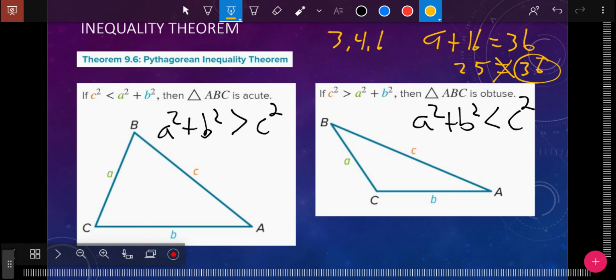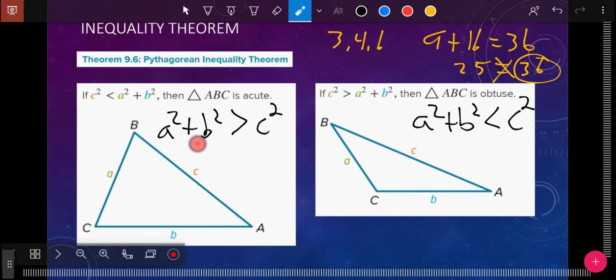C squared is bigger. Down here, I still like to think it through like a squared plus b squared equals c squared. But at the end, I am thinking what they're thinking. Is c squared bigger or smaller? And in this case, c squared is bigger. So this one would have been obtuse. 3, 4, 6 makes an obtuse triangle.